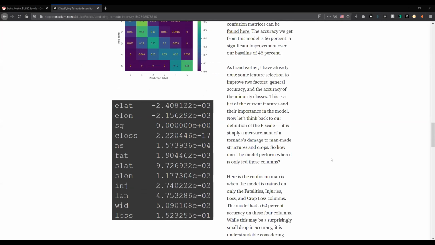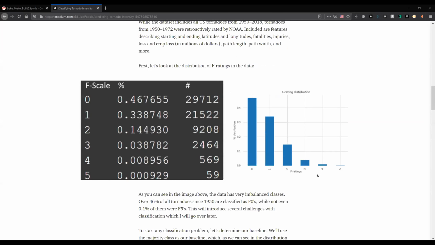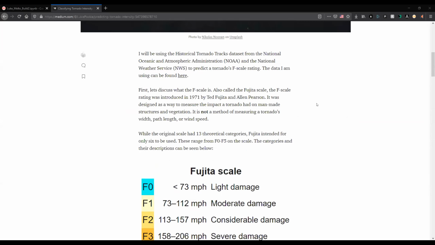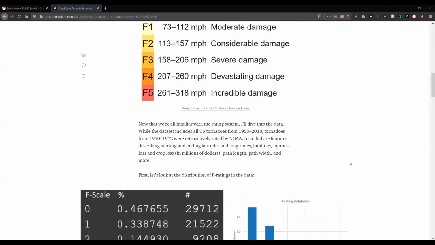So looking at the feature importances, you can see that latitude and longitude are the 2 strongest. But if we actually look at what is defined in the Fujita scale, it is a measurement of a tornado's destruction on man-made structures and vegetation.